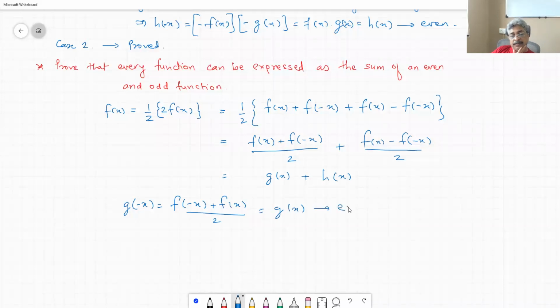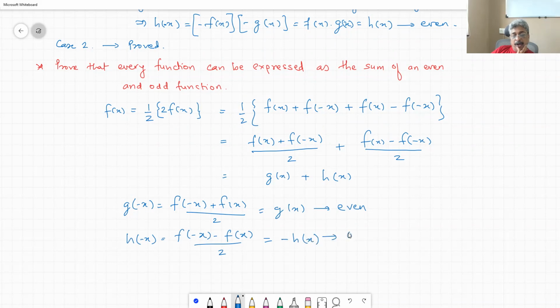So this is even. h of minus x is equal to f of minus x minus f of x upon 2, which is the opposite of h of x, so h is odd. Hence proved. Breaking it into two functions is the important idea.